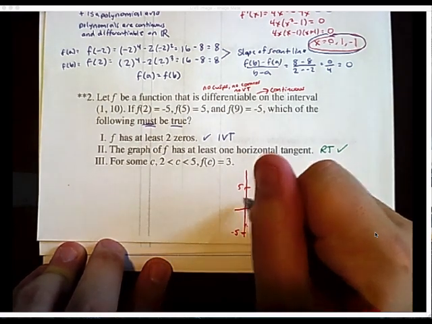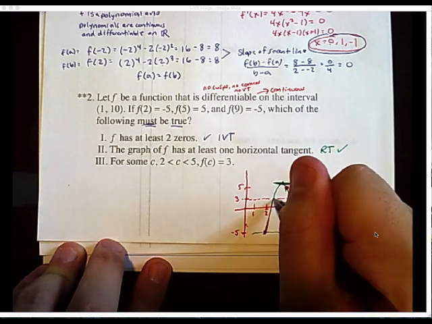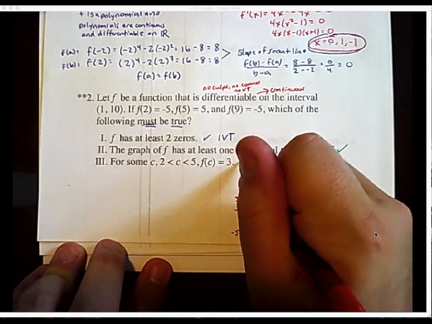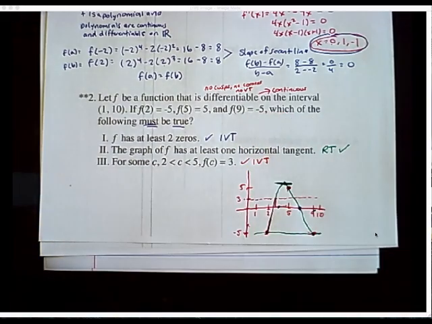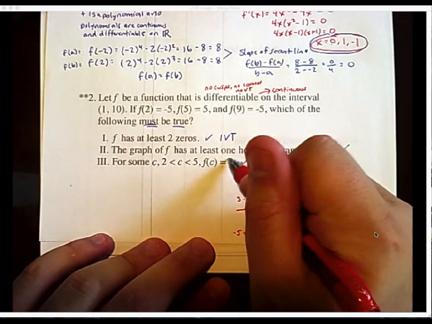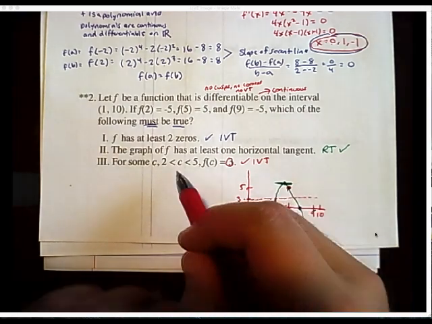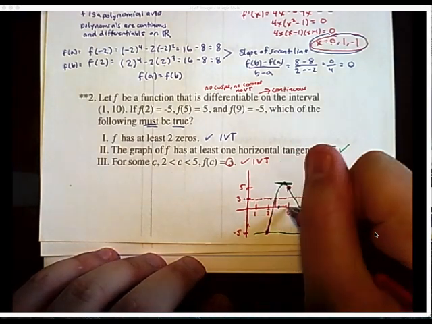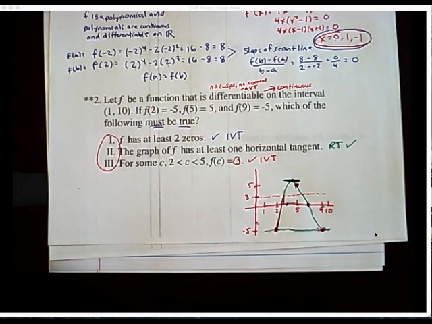So am I going to hit 3 somewhere? Yeah, I am going to have to hit 3 somewhere. Okay, so that's absolutely true as well by the intermediate value theorem again. Do I have to hit 3 somewhere for an x value between 2 and 5? Absolutely. So all 3 of these have to be true.